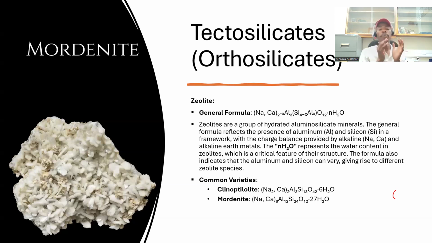This tetrahedron is known as the building block of the silicate, and I like to refer to it as a pyramid, because it has the shape of a pyramid. How these pyramids link to one another gives rise to different silicate minerals with different physical and chemical properties.